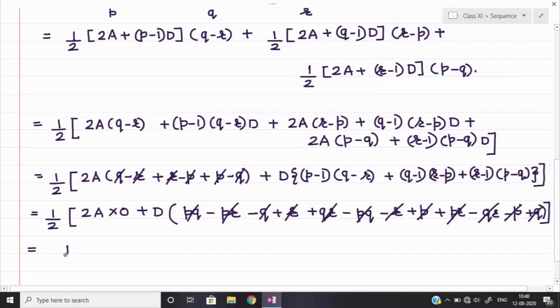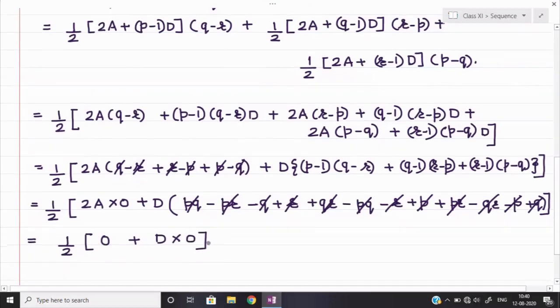So we can say 1 upon 2 into the bracket 2A into 0 became 0 already and D into 0 also came here. D into 0 will become 0.